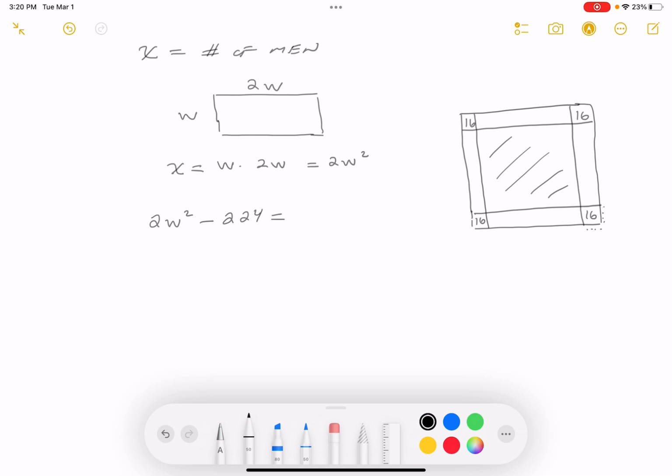What did they say, though? They went on to say that this square has a dimension to it. Each outer side of the square has as many men as the length of the column. Well, the length of the column is 2W.